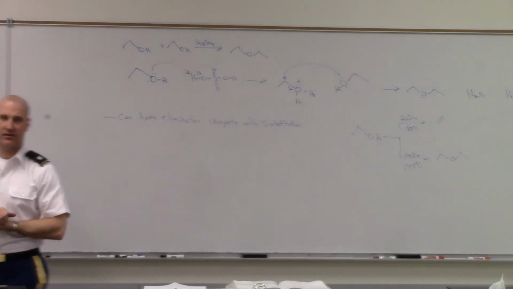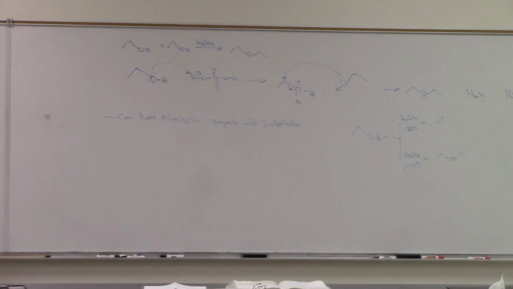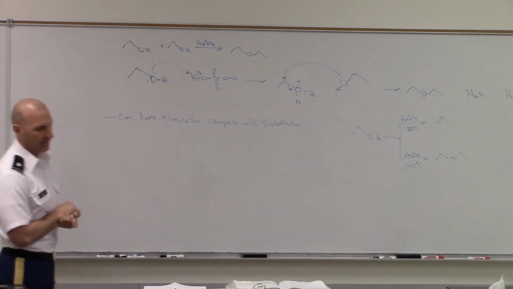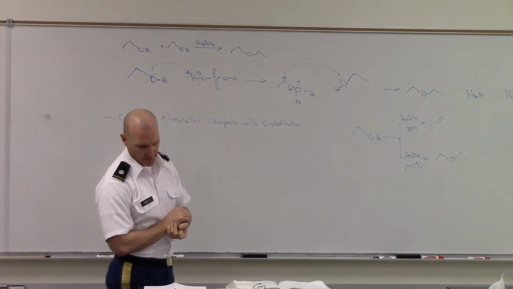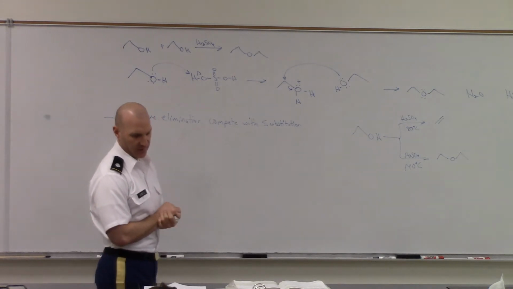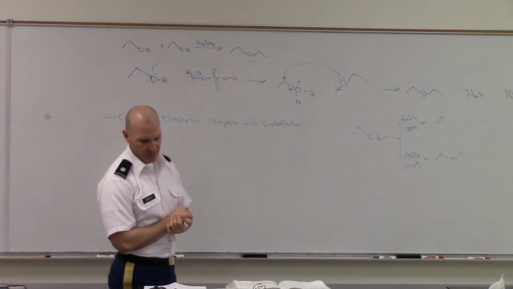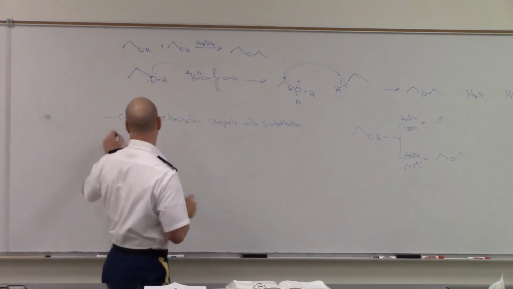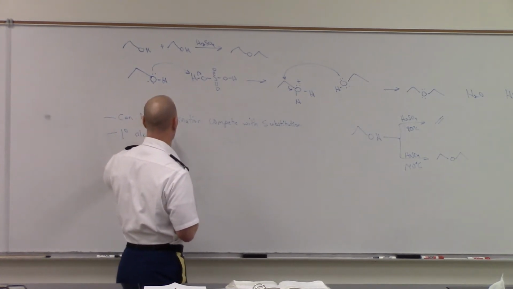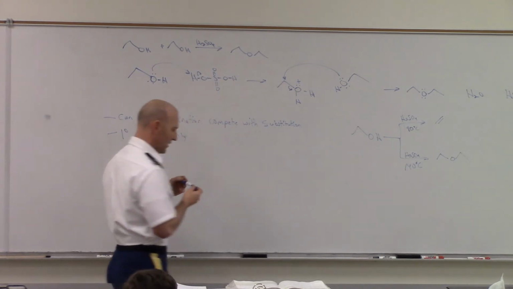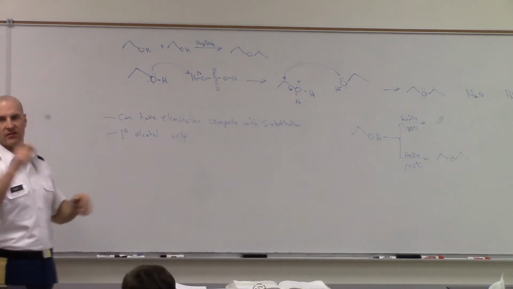It's really close, so this isn't always the best way of doing it. Usually lower temperature is better. And usually you can only use the primary alcohol. When you get to secondary and tertiary, you get elimination.